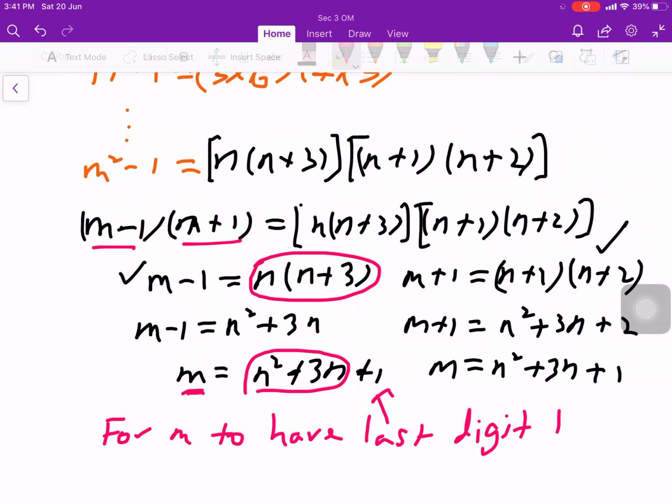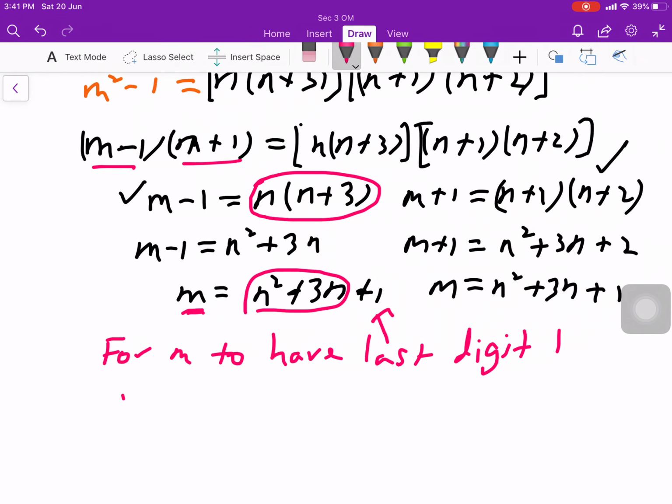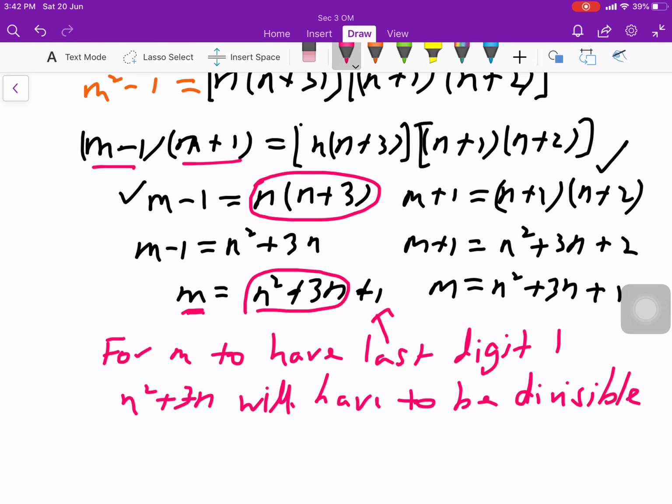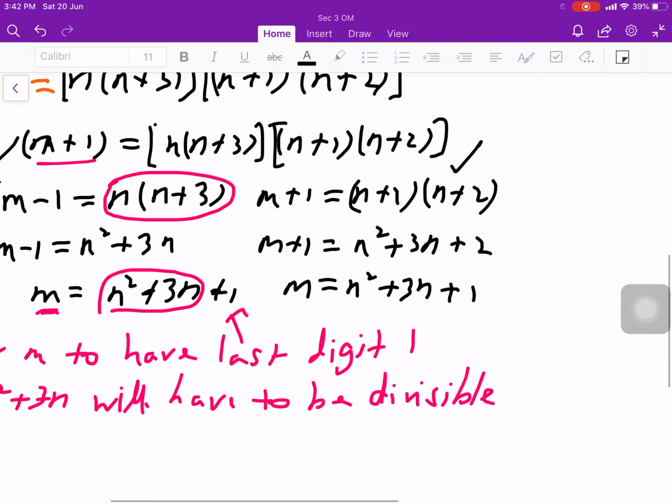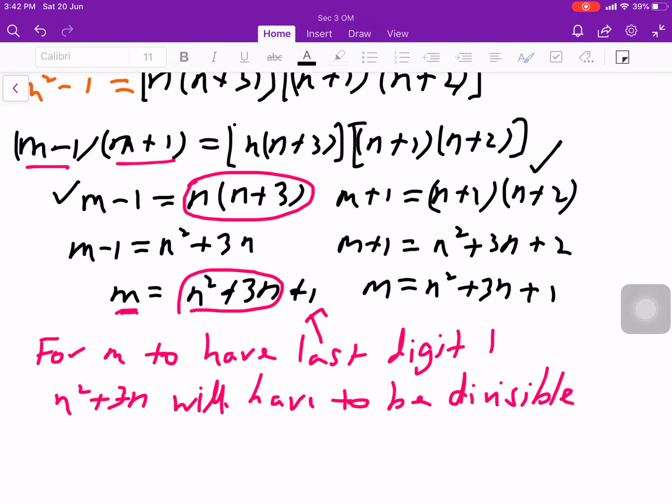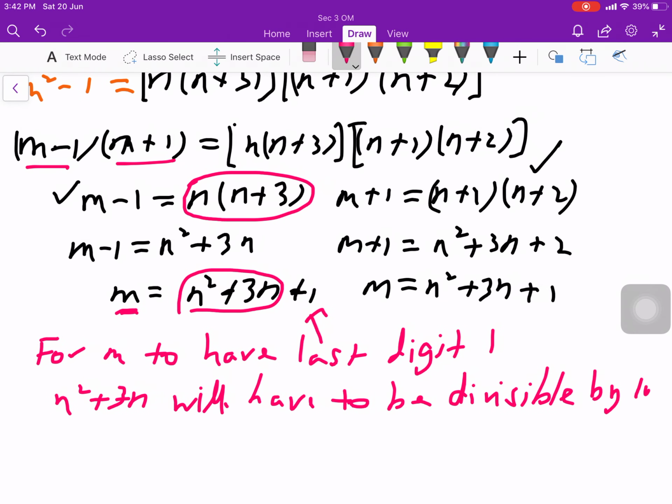That means in this case, your n squared plus 3n will have to be divisible by 10. I think this is an important observation. Therefore, it has to be divisible by 10, right?